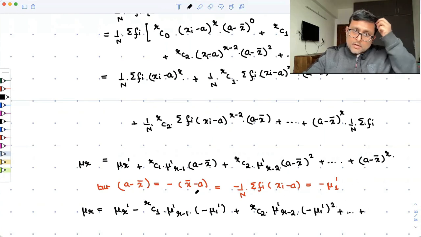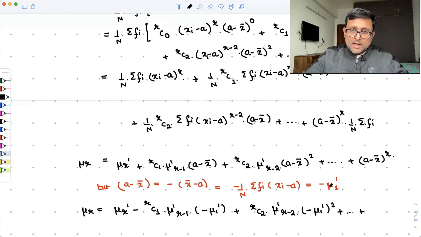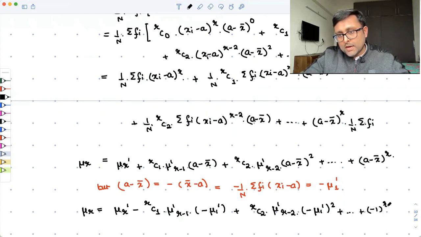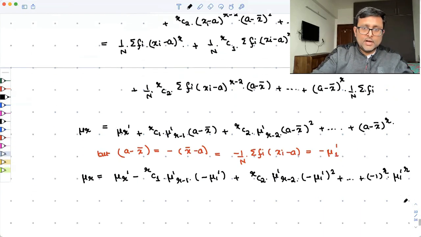So this a minus x bar, it is to the power r, right? So it could be written as minus 1 to the power r mu 1 dash r.